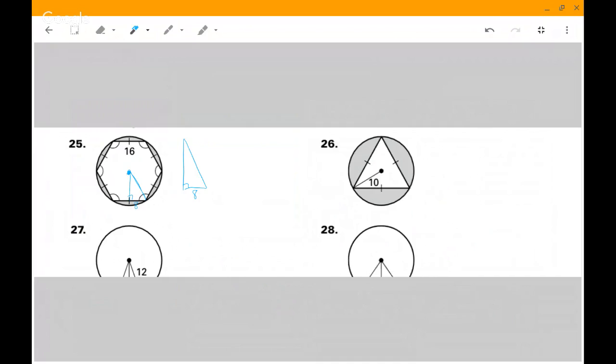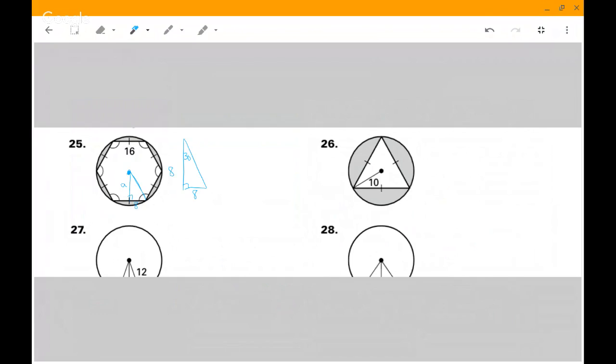So the central angle is always 60, which means in the triangle 30. So it's a 30, 60, 90. You can use the little shortcuts. So how much would the apothem be? 8√3. Yes.